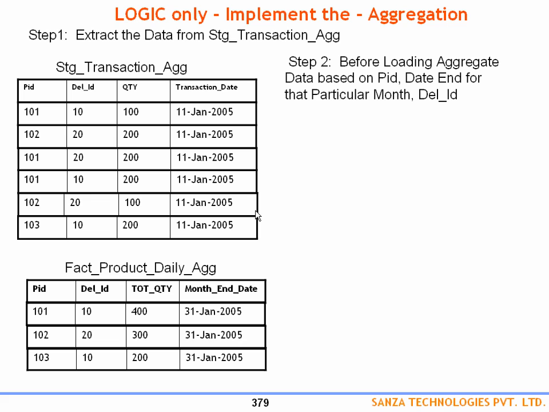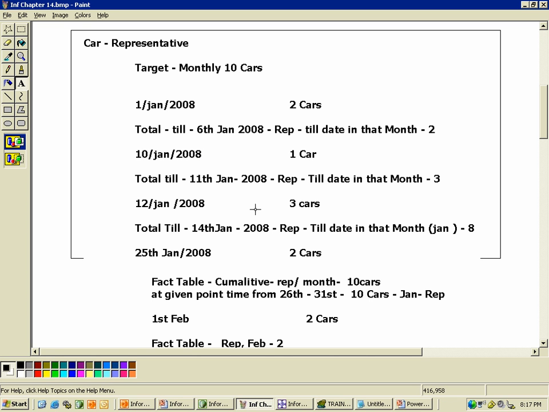On 11th January, cumulative, you have to load the data into the fact table. On 1st January, you loaded for that particular representative, month and date for January, 2. Next day, on 10th January, he sold 1 car. So when you load it for that representative for that month end, 2 plus 1, 3. 3 plus 3, 6.